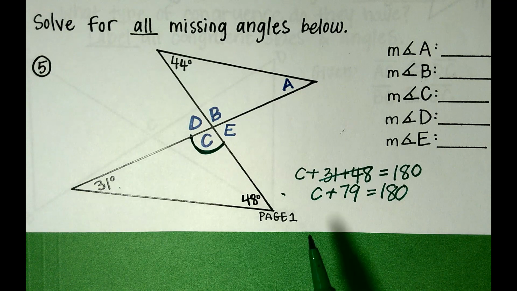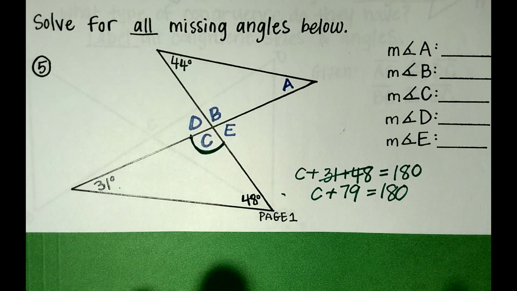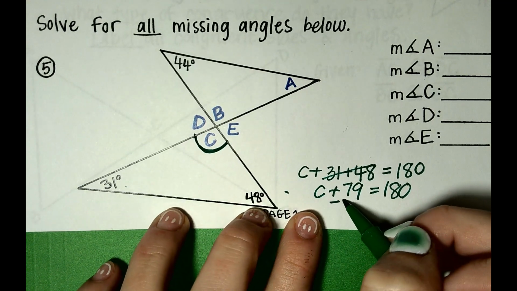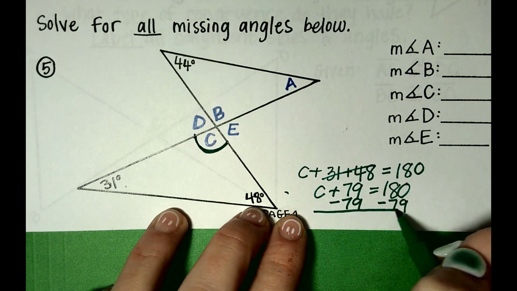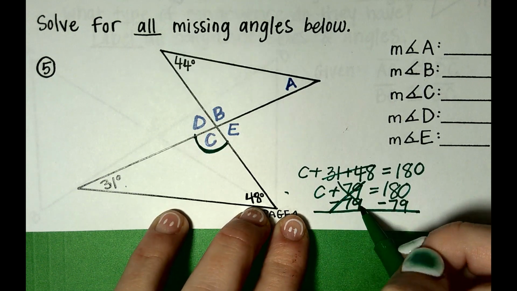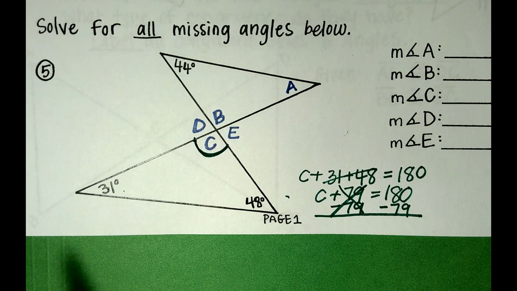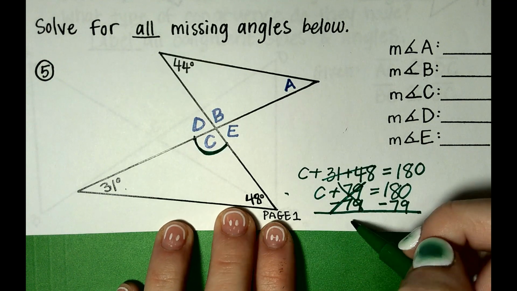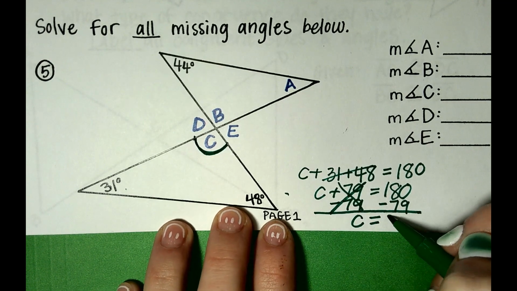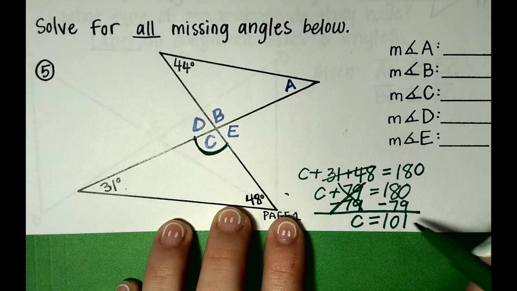Now you subtract 79 from 180. Perfect. And we get, let's see, you said 101. That is correct. We will get C equals 101.